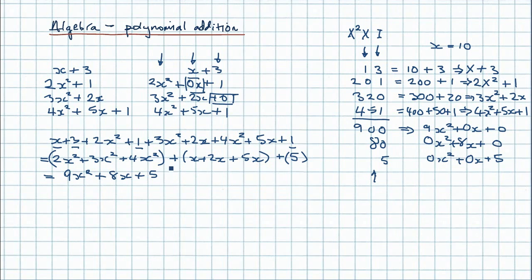Okay, let's have another go then, because once you get the hang of it, it's quite fun. So what I'm going to do is make up some new terms here. Let's have a trinomial here, so 3-part expression. So we'll have 4x squared plus, let's say, 7x plus 2.